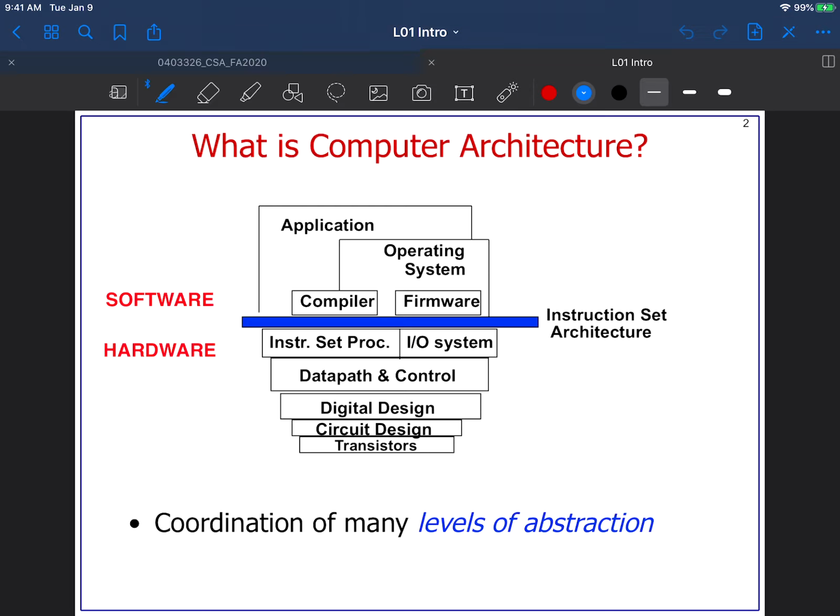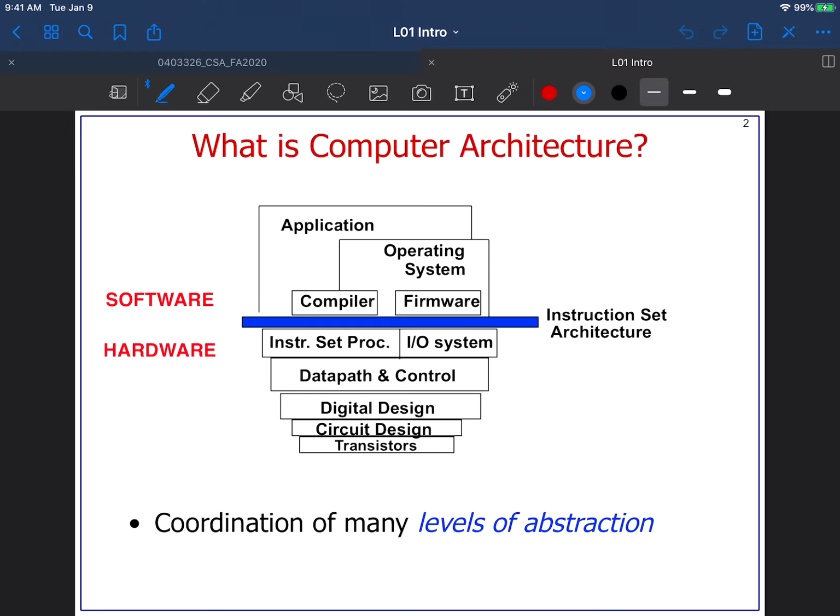When you start studying fundamentals of electronics, you are at the transistor level. You studied how to make gates, right? You remember how to make an AND gate, OR gate, or any gate of any functionality. So you start from there.